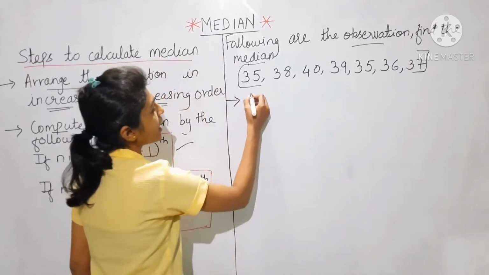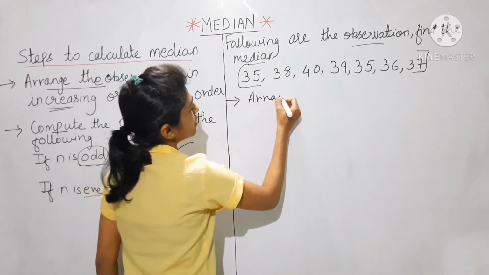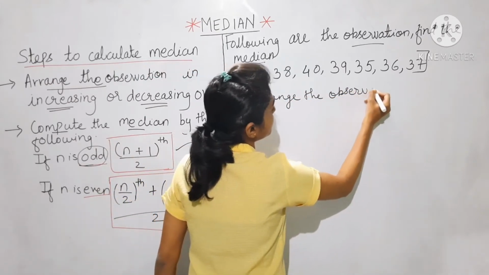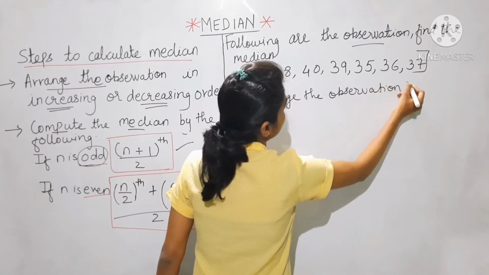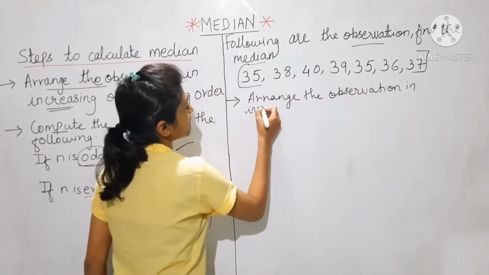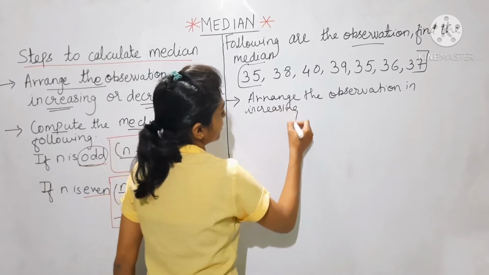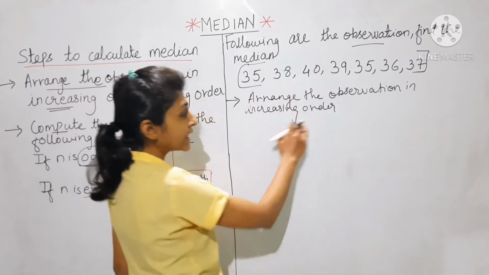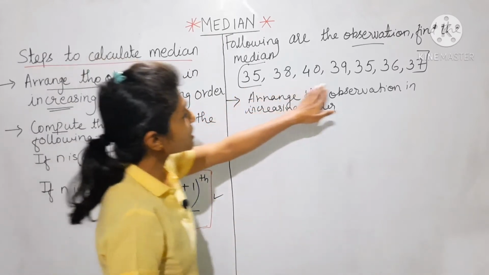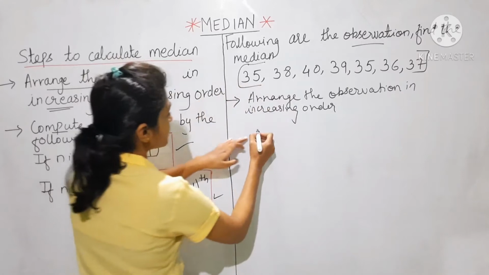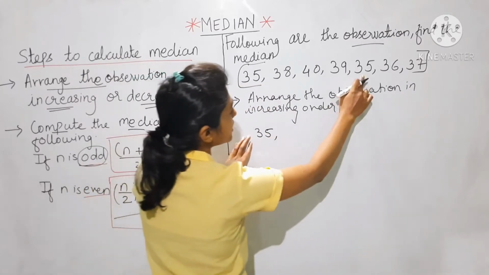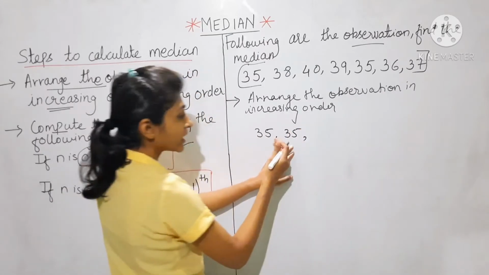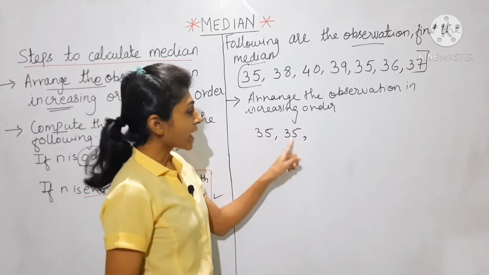So first I will arrange the observations in increasing order. Which is the smallest number? 35. There is one more 35, meaning 35 occurs 2 times. If an observation is repeating, write it again.